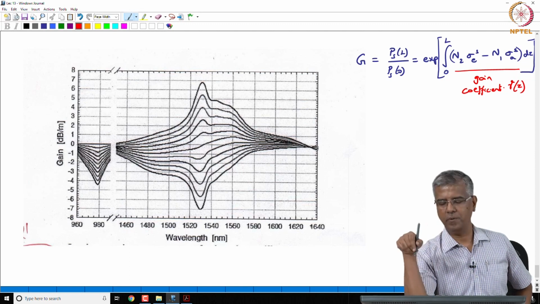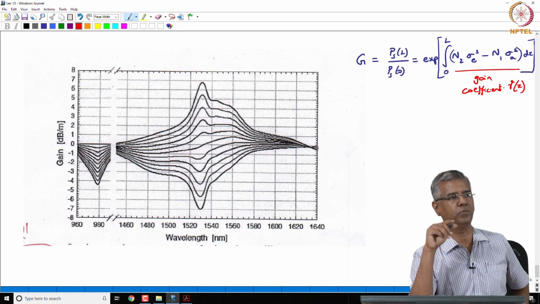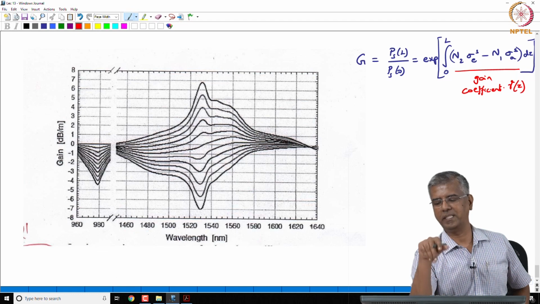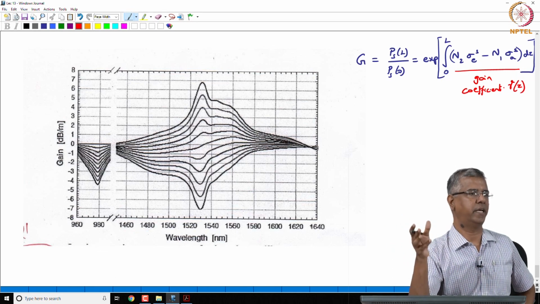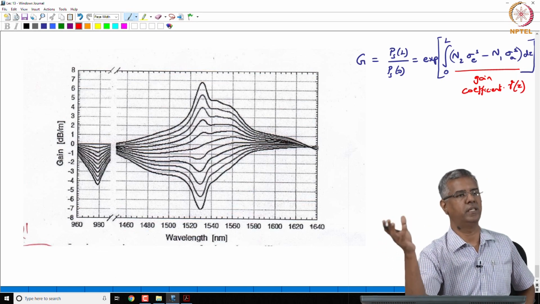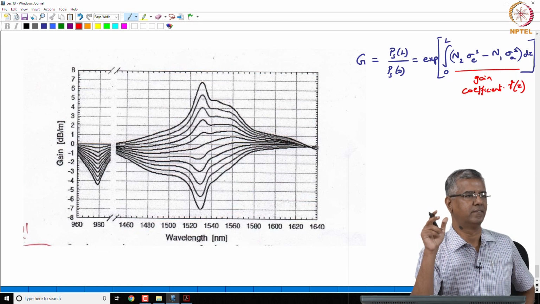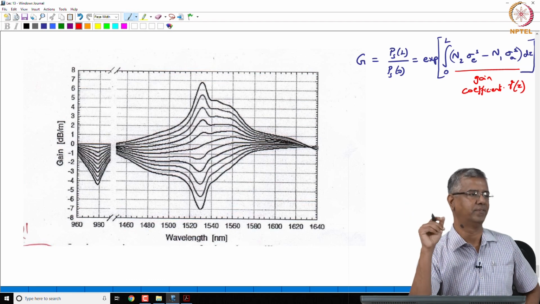Previously, when we were discussing this sort of a case, what we did was we assumed uniform excitation. If there is uniform excitation, N2 of z is actually a constant, you can just say it's N2, and N1 of z is constant N1, and so that integral will yield you what? Integral over dz will yield you just L, right.